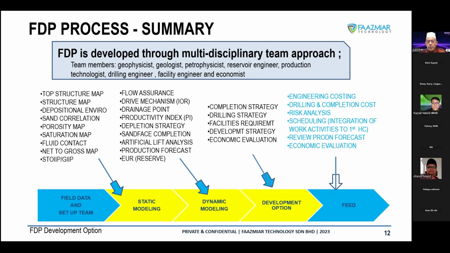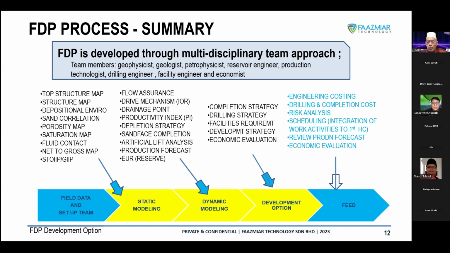And then, of course, EUR is the estimated ultimate recovery. So you're talking about the reserve, and what will happen to the reserve is what we're going to monitor. For example, in your early calculation, well A should be producing about, let's say, 800,000 barrels. Then you monitor to make sure that, during the field life, from year 0 to year 20 or 25, you recover as much as possible of the reserve within the well itself.